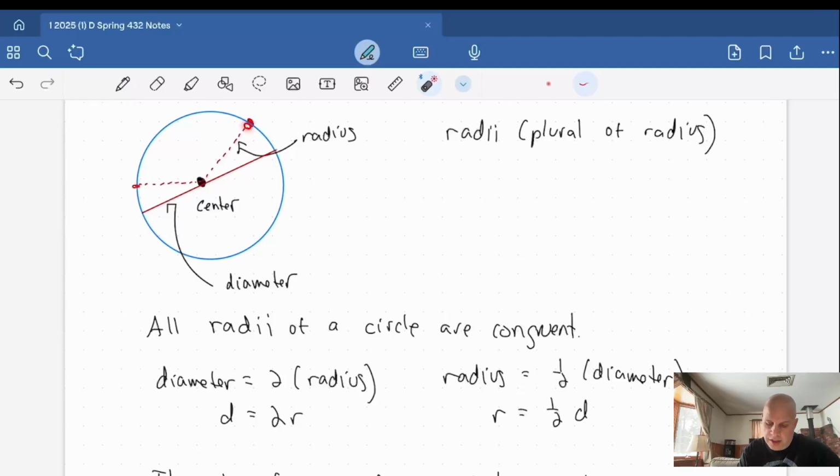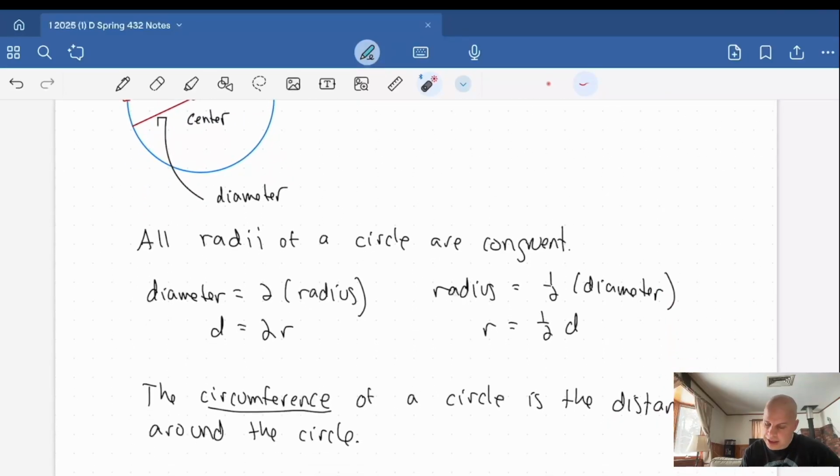So if I start at one point and I go all the way around the circle back to where I started, the length of that distance that I traveled is called the circumference of the circle.